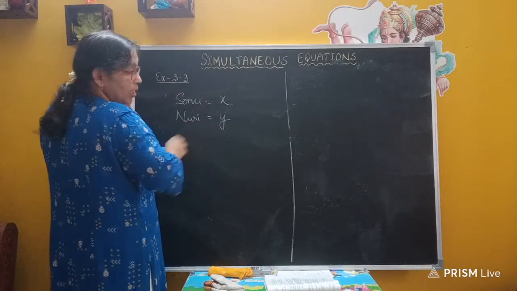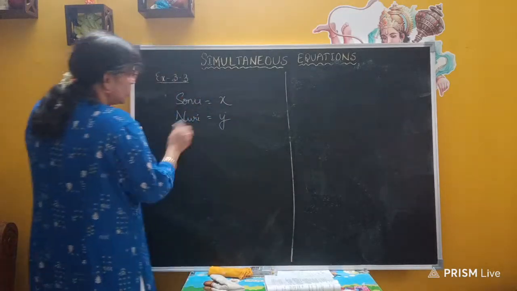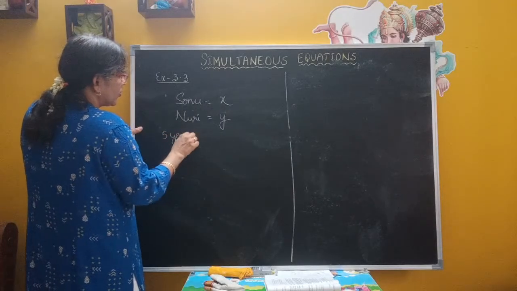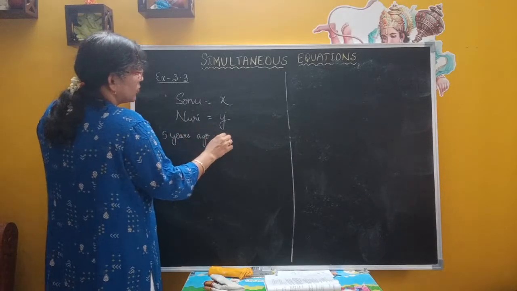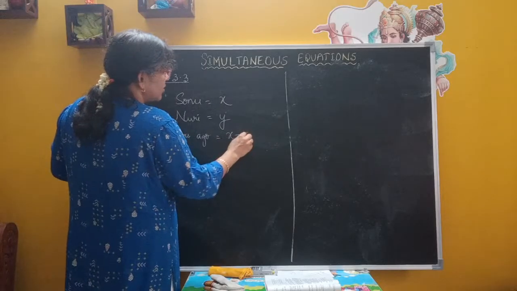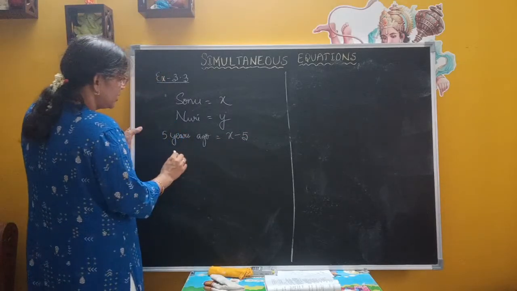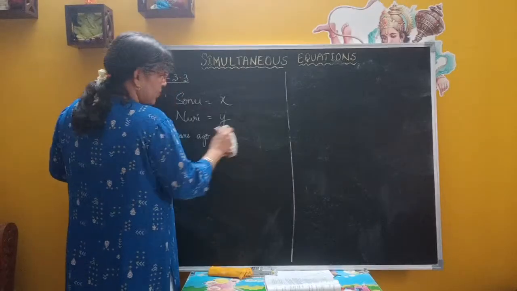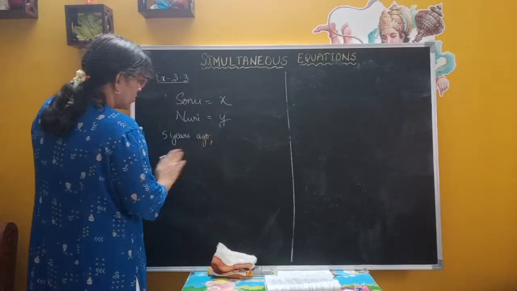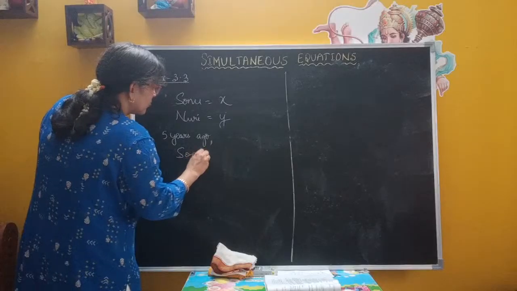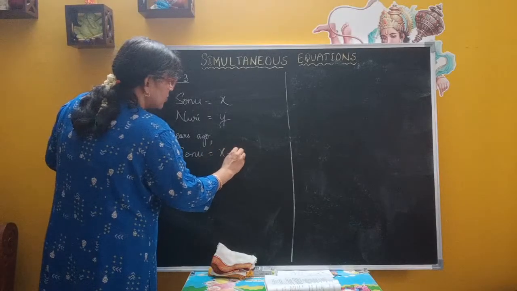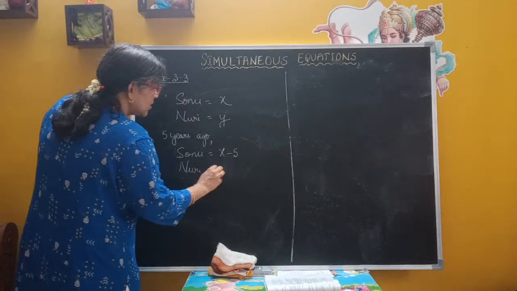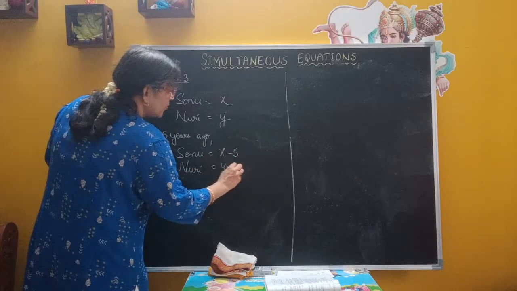So 5 years ago, Sonu's age will be x minus 5 years and Nuri's age is y minus 5.